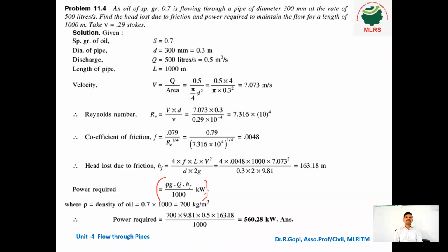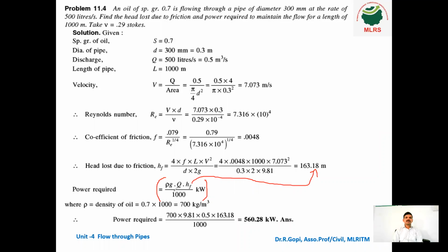So the power unit is kilowatts, K is a small letter and W is a capital letter. Here, what are the parameters we don't know? Density we don't know. G we know, Q discharge we know, and HF is the value we just calculated.